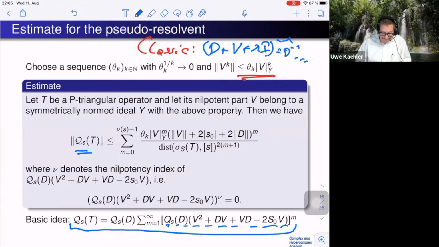If you use that one, then we can use that decomposition, take the norms, put the parts together, estimate, and you get a result like this. Nu_S is the nilpotency index of the part which I underlined here, because that's what you need there, where it stops. Otherwise, you can also write it until infinity. And of course, the norm of Q_S you can connect with the distance of your value S from the spectrum.